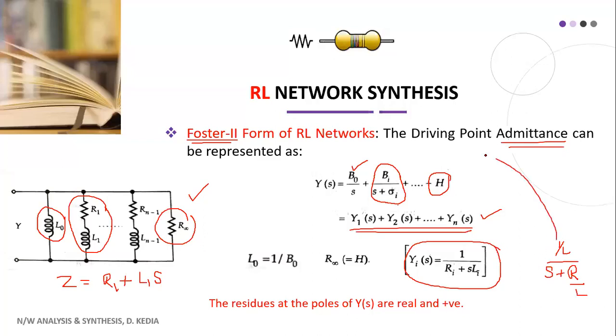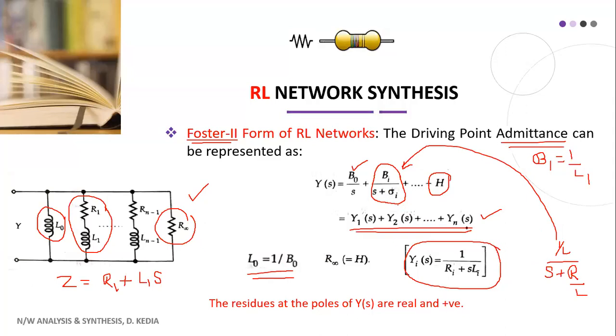Okay, and now you compare here. So if you compare, what do you get? Your B1 is equal to 1 by L1. Okay, so here also your B naught is equal to 1 by L naught, B1 is equal to 1 by L1.